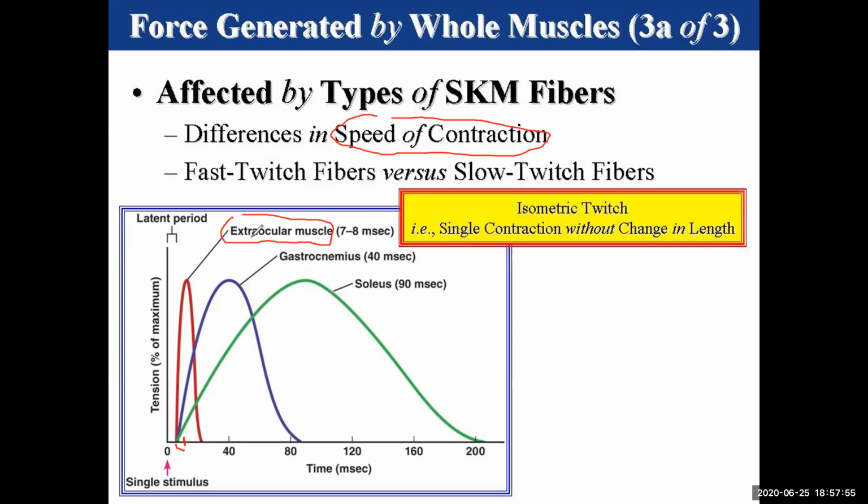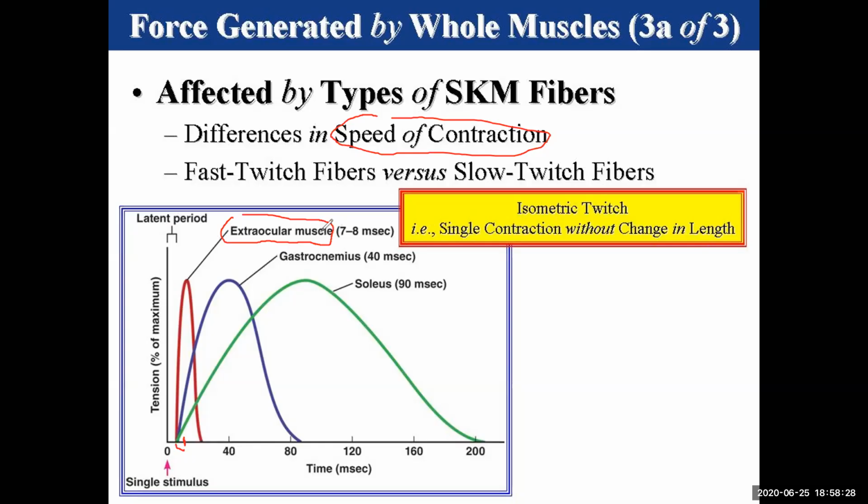The eyeballs have one of the most important, if not the most important, special senses that we have, vision. So they are extremely fast. That's why visual reflexes are also fast, right? So you can move your eye very quickly because of the speed at which these extraocular muscles can contract.